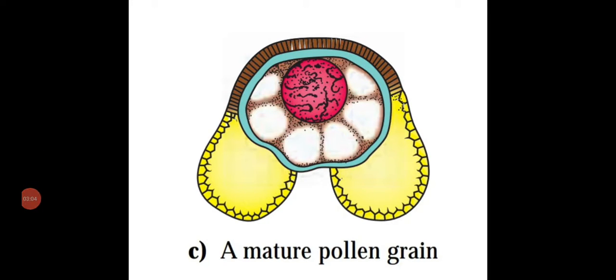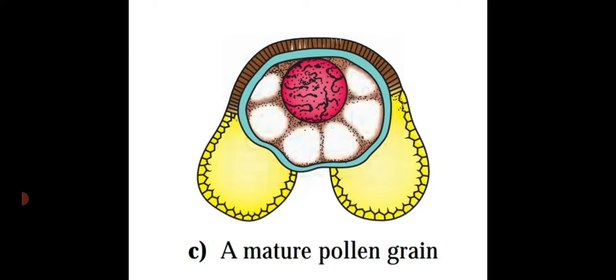Dear students, this is the structure of a pollen grain. The pollen grain is surrounded by an outer exine and an inner intine. In the center they have the nucleus, which contains a four-celled stage: tube cell, vegetative cell, tube nucleus and generative cell.